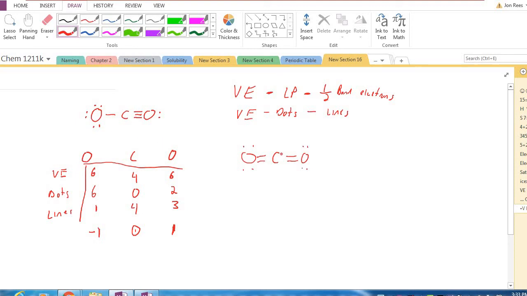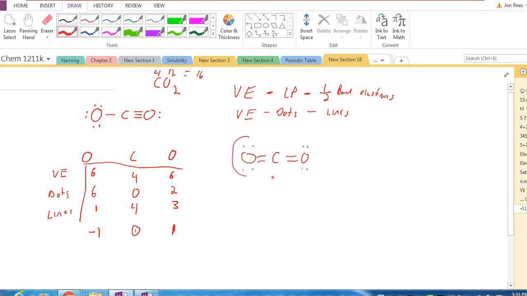The total valence electrons needed for carbon dioxide are 4 from the carbon and 6 from each of the oxygens, which is 16. For this carbon dioxide that we drew, it was 2, 4, 6, 8, 10, 12, 14, 16.